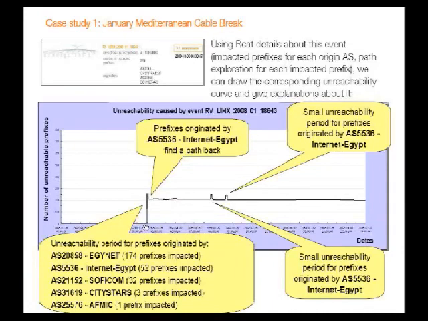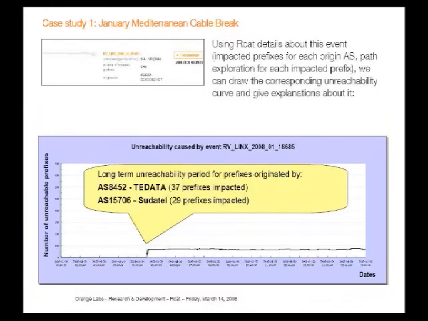At 4:30 in the morning, the different prefixes originated by this AS have just become unreachable. Some were lucky, like those originated by Internet Egypt, because they just found a path back. Later that day, they underwent two other small unreachability periods.